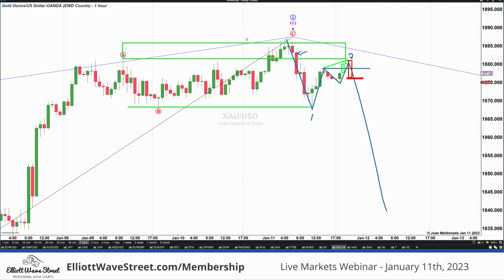So you can see that we are doing the same that we did here, but a little bit smaller, let's say, for the corrective too, right? It's like a copy and paste. Here was the signal candle, here will be the signal candle.